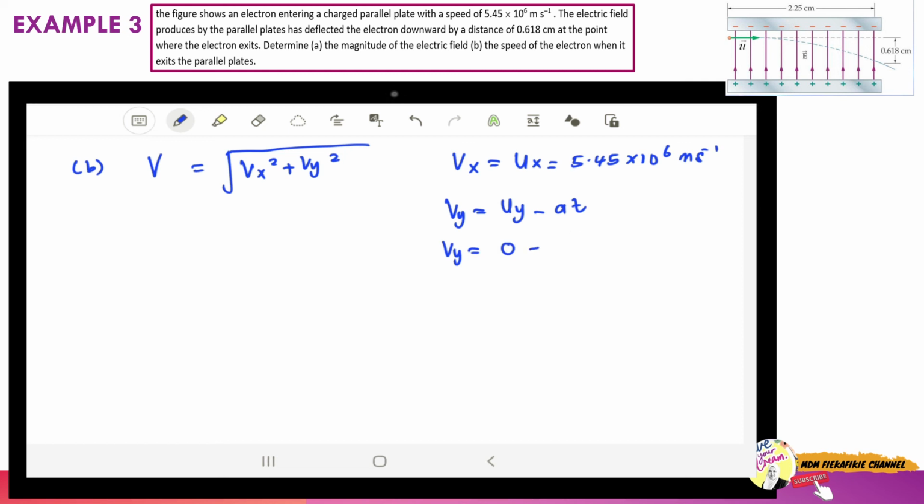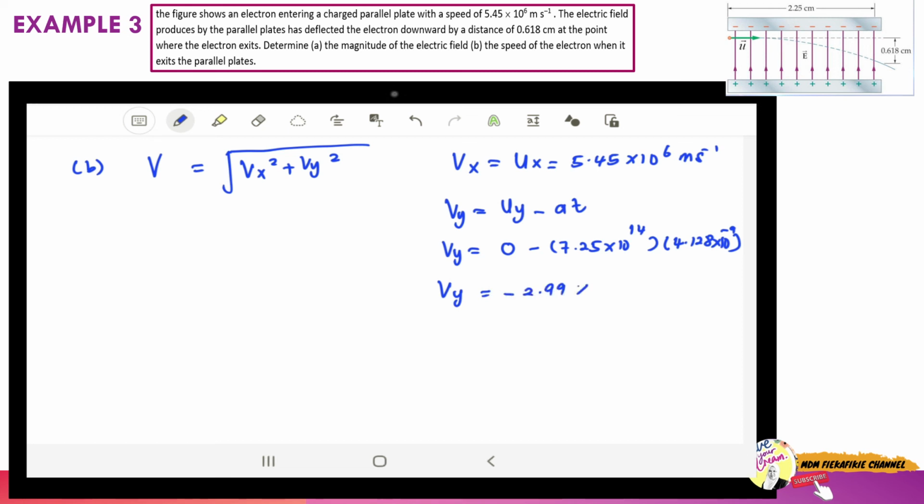So now vy is equal to, since uy is equal to 0, and the acceleration we calculated just now, 7.25 exponent 14 times t, and t is 4.128 exponent negative 9.